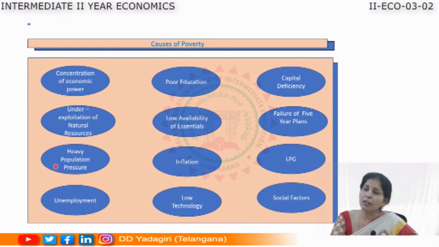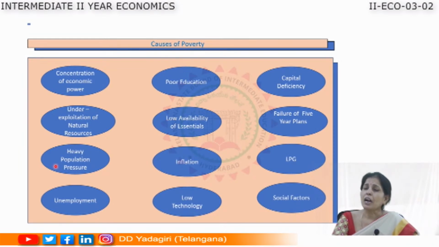India supports almost 17.51% of the world's population in just 2.4% of the total land area of the world, and with only 2.1% share of the world's income. So with this pressure, we are not able to create more measures to reduce poverty.